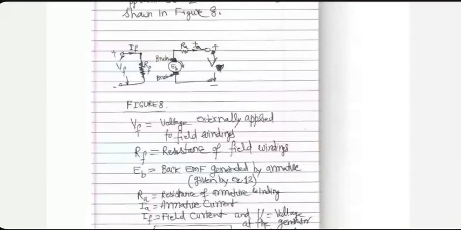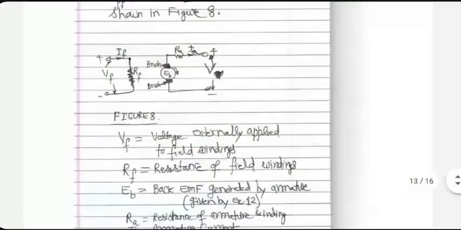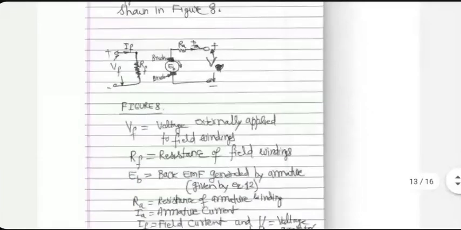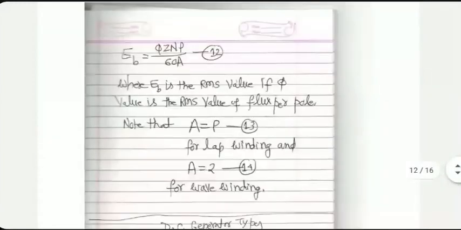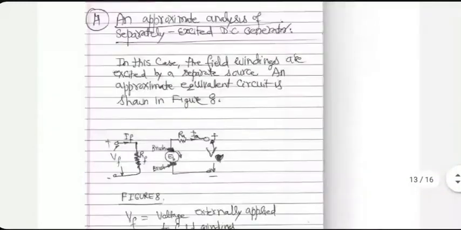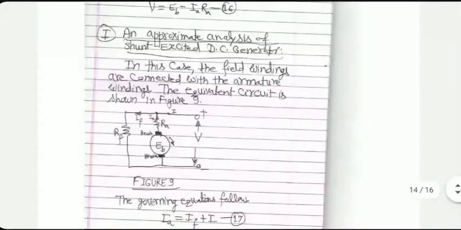Actual voltage generated across the output terminals of the generator will be slightly different from EB because of RA's presence here. You can use Ohm's law, Kirchhoff's law, etc. to figure out the values. First thing, of course, is to figure out EB, which we'll be using equation 12. Equations are pretty simple.